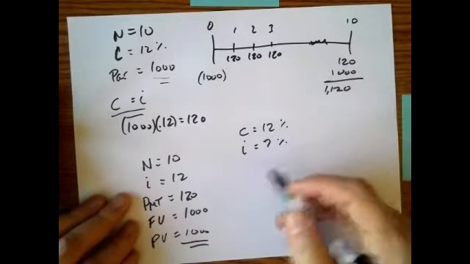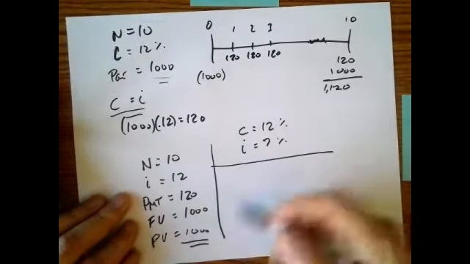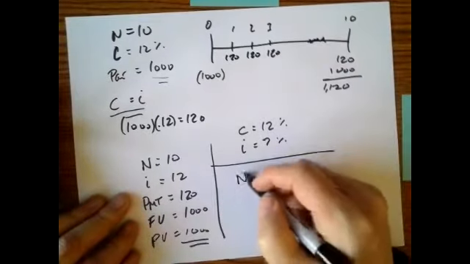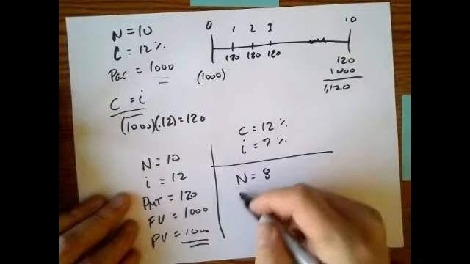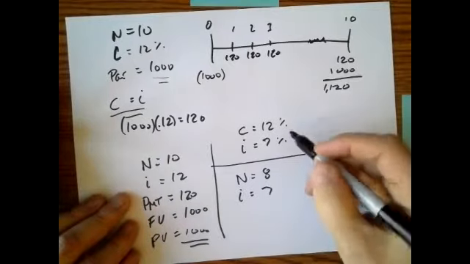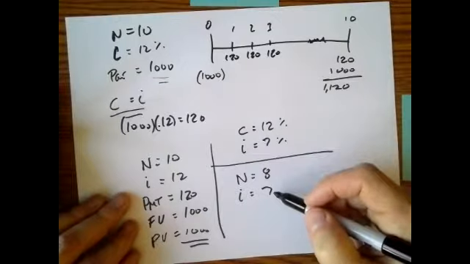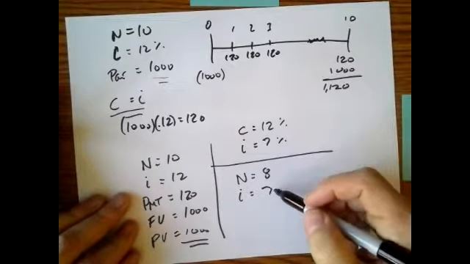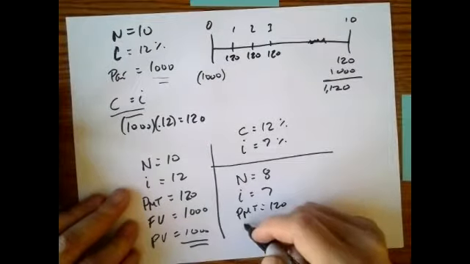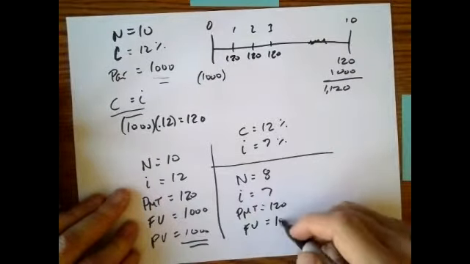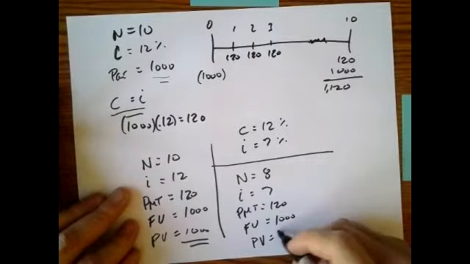So the things that have changed from our original statement of the problem: N is now equal to 8 because there are 8 years left on the bond. I is now 7 because the market rate is now 7. It's not that we use the coupon rate for I, we use the market rate for I. Payments are still the same because it's a contract, and the future value is still the same, again because it's a contract. So what we're wondering is, what's the PV?